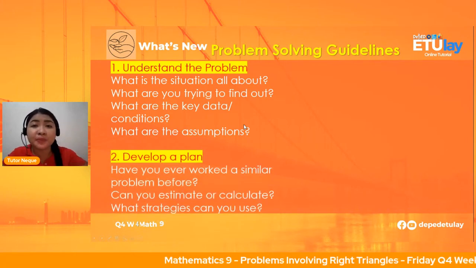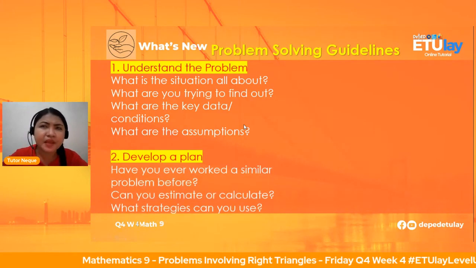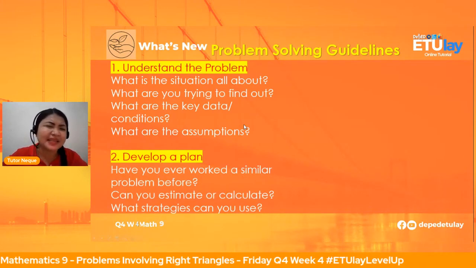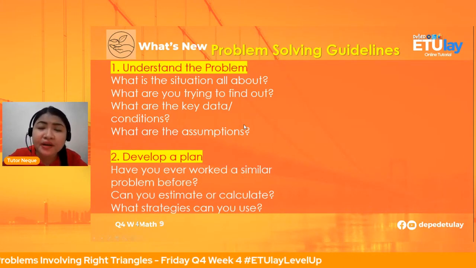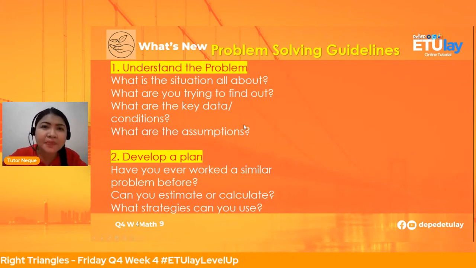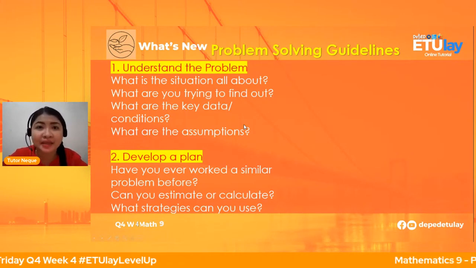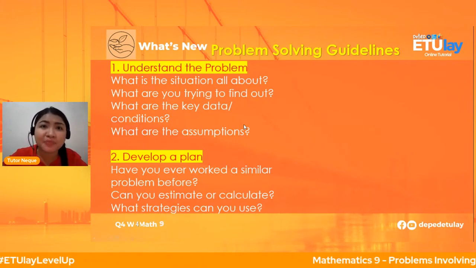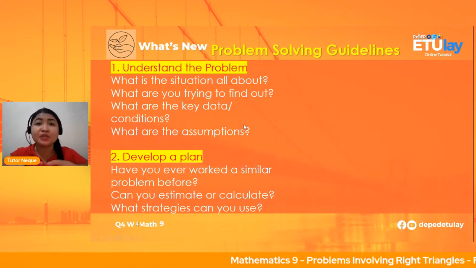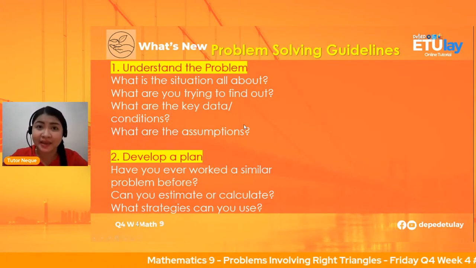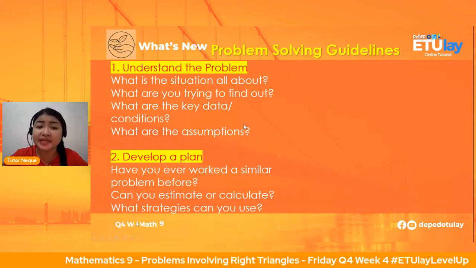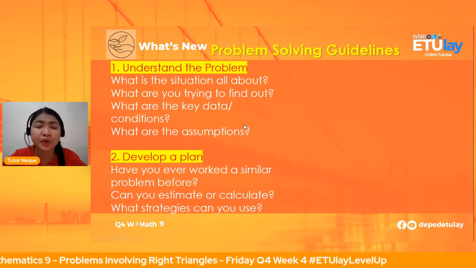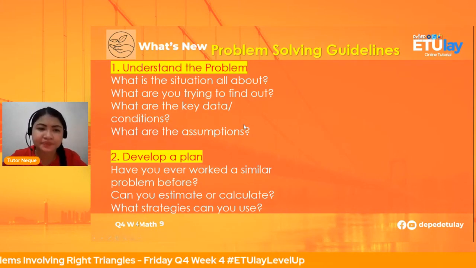Second, you have to develop a plan. Is this like a similar problem before? Kung similar lang siya, for example, for the right triangle, hindi mo na kailangang mag-drawing ng building. You just need to draw a right triangle. Can you estimate or calculate? If no, you can use your calculator.